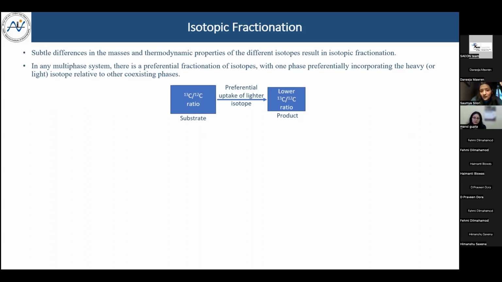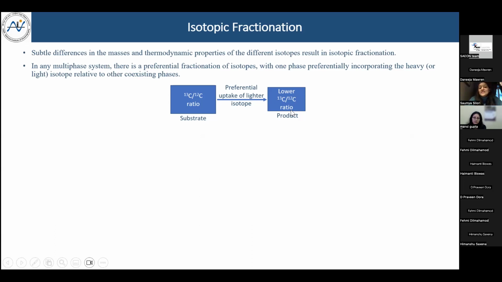But for the context of my presentation, I would say that there's a preferential utilization of the lighter isotope, which leads to a difference in the abundance of these isotopes in the substrate and the product. Because of this, the ratio of heavier to lighter isotope tends to be lower in the product when I compare it to the substrate.